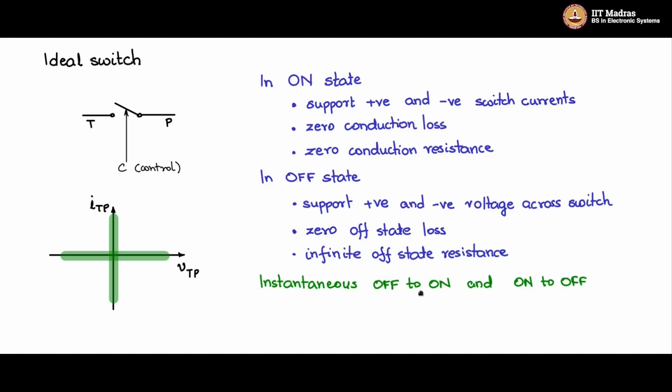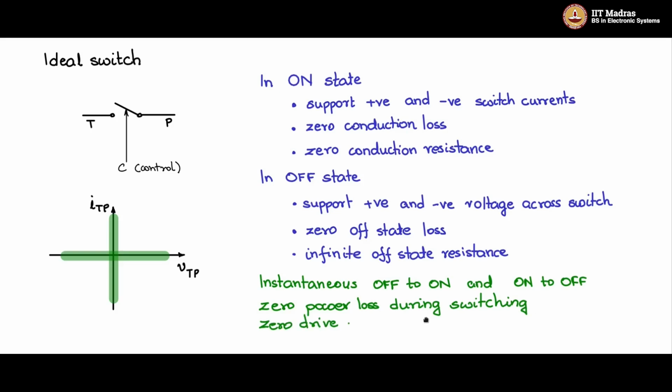This also implies that if switching on and switching off happens in zero time, there is no power loss during switching. So zero power loss during switching. Switching transitions happen in a lossless manner, so switching losses are zero.